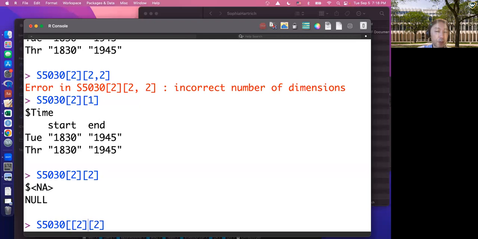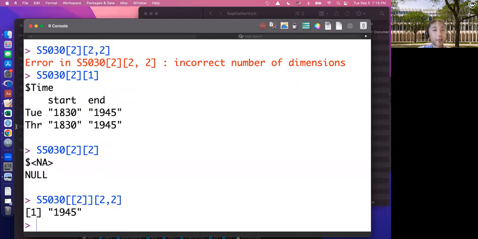But if we put the double bracket, then we can extract, for example, the second row, second column of this matrix. Because this is a matrix. S5030 double bracket 2 is a matrix. So we can specify the row number and the column number to extract the specific information.